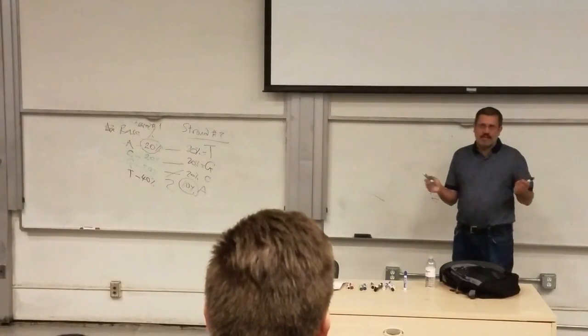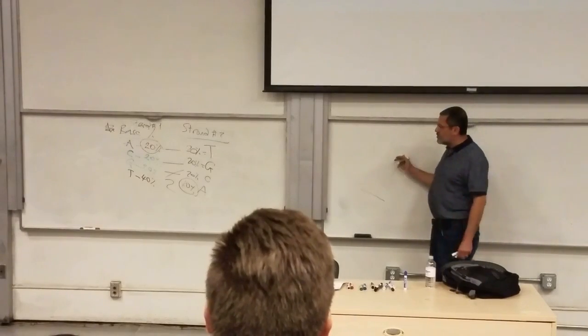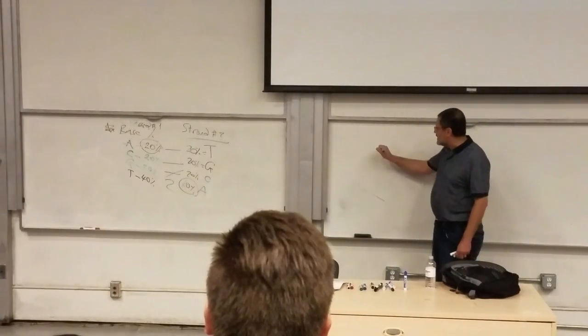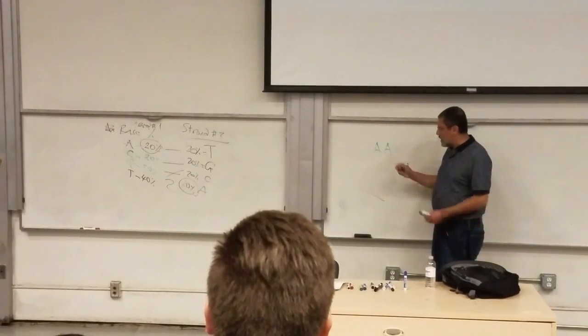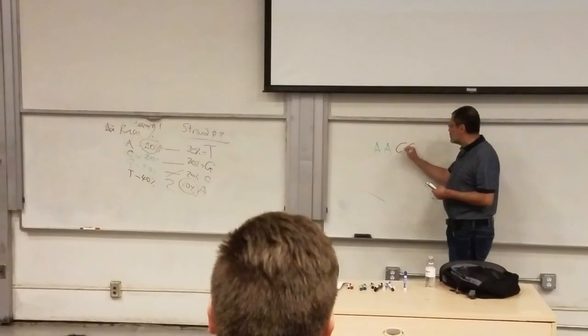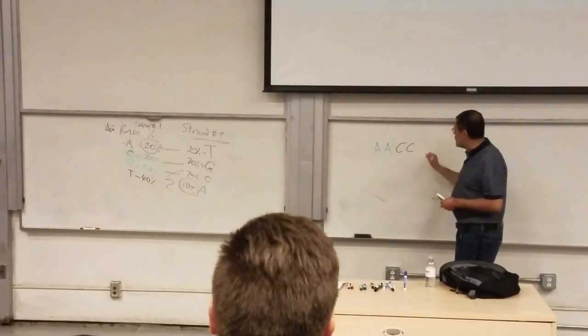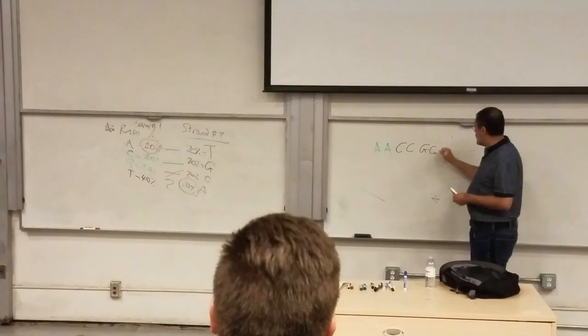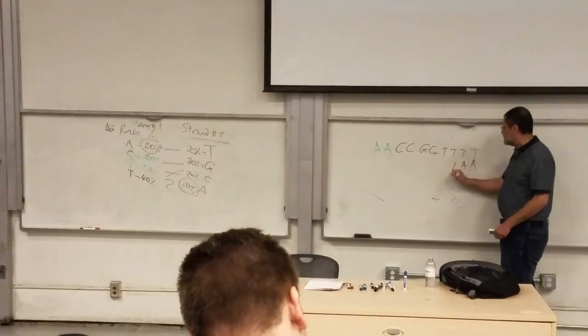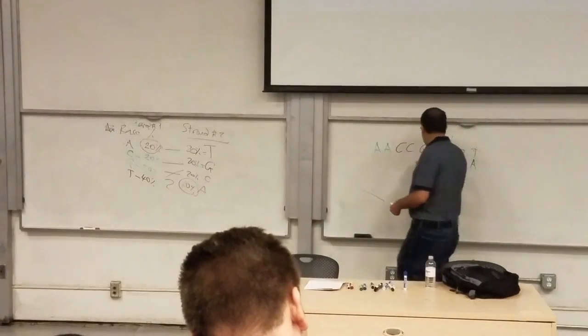I'm going to go with a molecule of DNA that has 10 bases. So if 20% are adenine, that means I only have 2 A's, 2 out of that. I have 20% cytosines, that's 2 more C's. G's are also 2. And there are 4 T's, right? That's 40%.